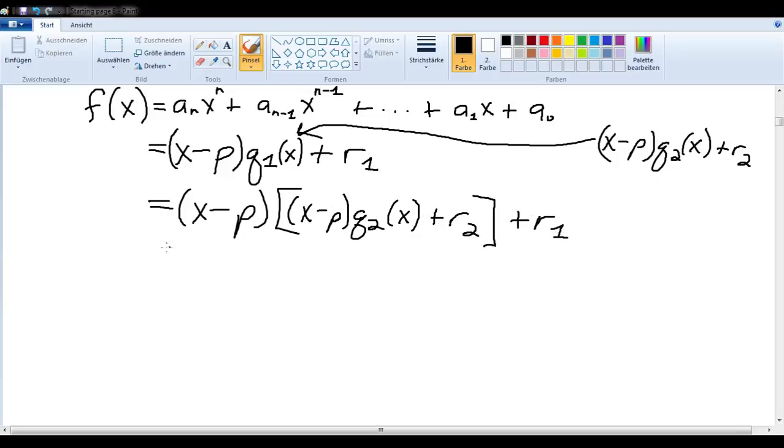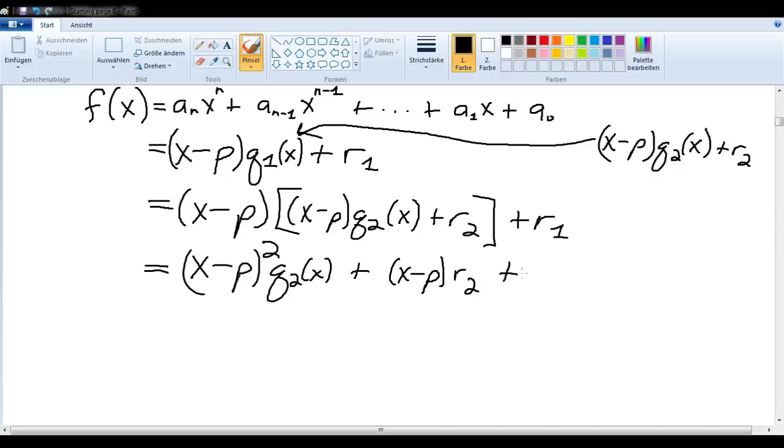And since that's a little bit complicated, we'll multiply that out, and we get x minus p squared, q sub 2 of x, plus x minus p r sub 2, and plus our original remainder, r sub 1.